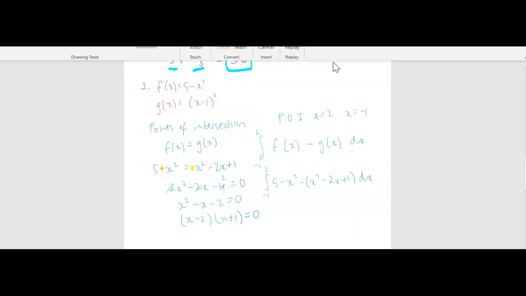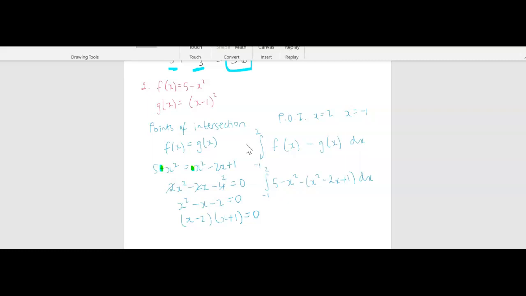All right, so in question 2, we've got 2 parabolas. We've got 5 minus x squared and we've got x minus 1 squared. So the first step is finding your points of intersection, and I've gone ahead and done that. This highlighting here was just showing that this is a negative and this is a positive.